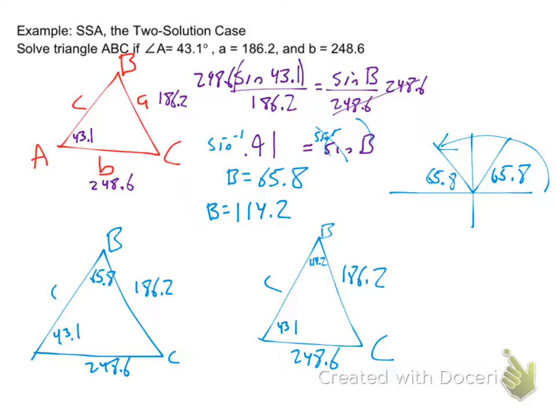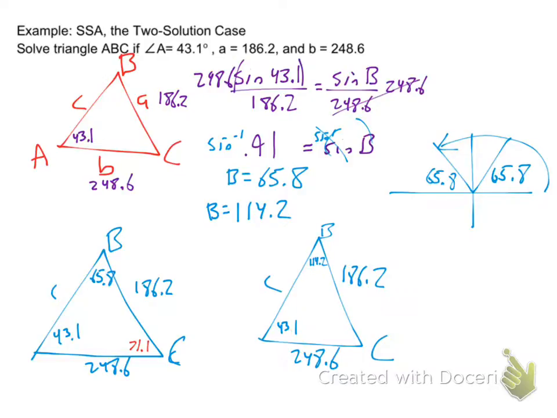Hey, the cool thing about it is, to solve the rest of this, the big C's are pretty simple. You just keep subtracting it from 180, right? So 43.1, 65.8 leaves you with, what's the leftovers? 108.9, so 71 point what? 71.1, okay.